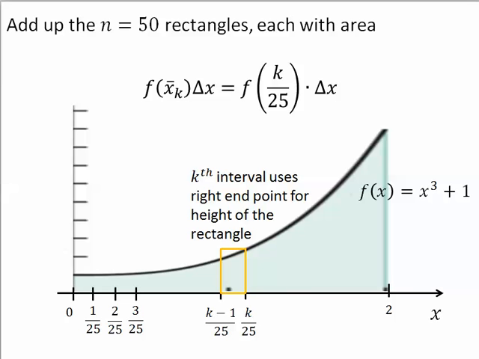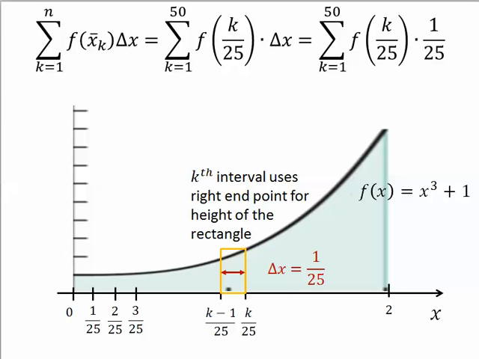So we're using the right endpoint, so we evaluate the function at k/25. So that's the height of the function, and then change of x, that's the width of your rectangle. Now the width of the rectangle, remember, is 1/25.